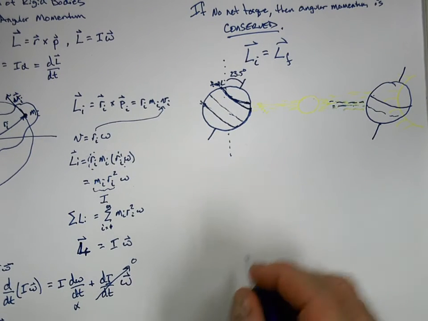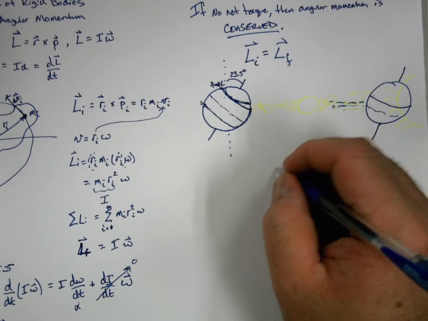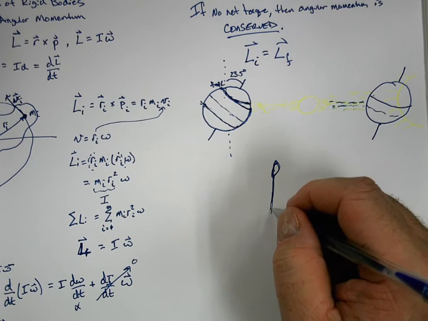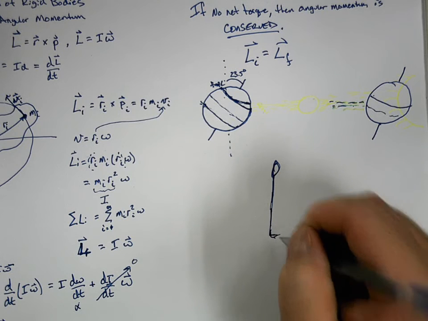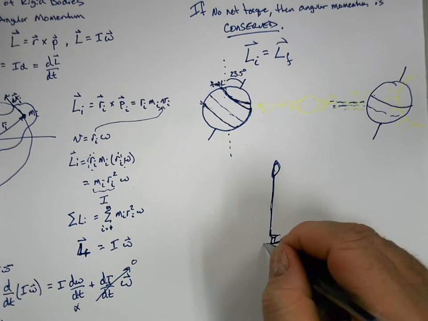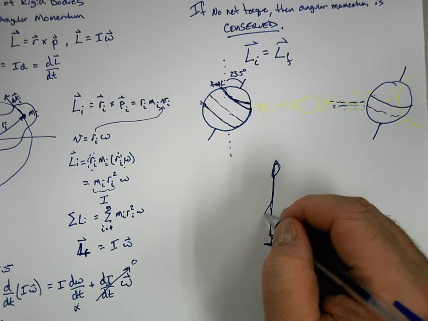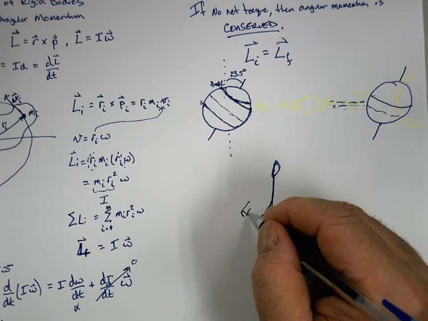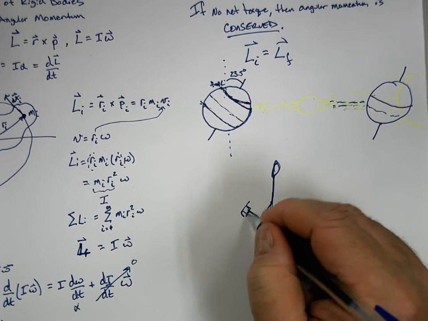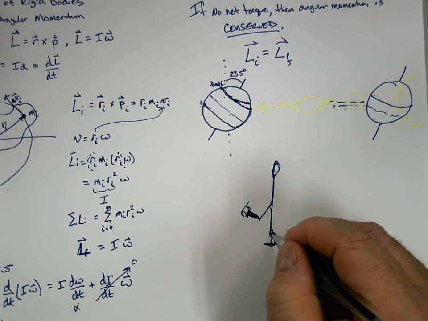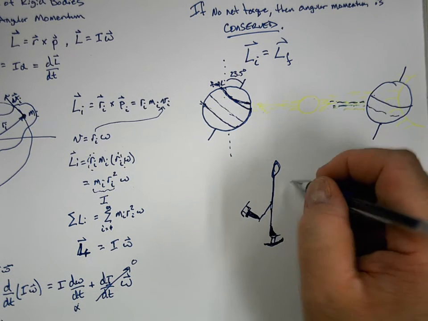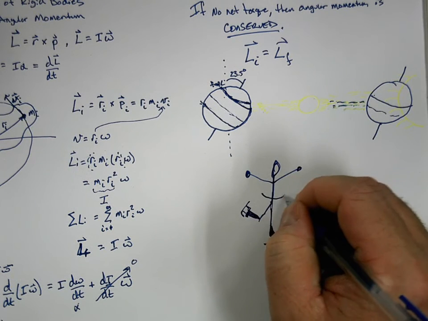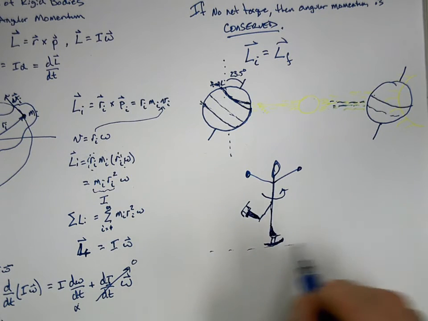Now, the one that you guys may have seen is if we have a skater, I'll draw this best I can, skaters usually have boots on, and their hands are way out, and they're spinning like this around on the ice.